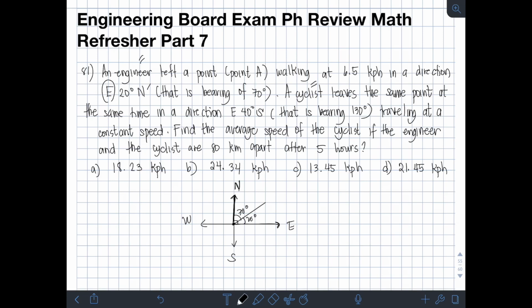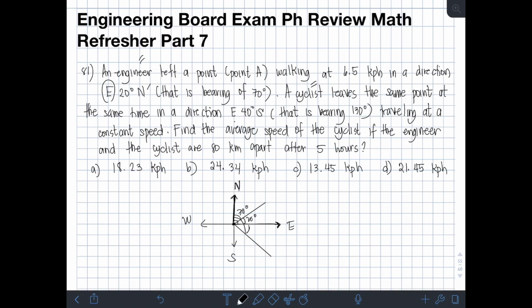Okay? And then, yung cyclist naman daw is yung direction niya is east 40 degrees south or bearing of 130 degree. So kung from north tayo, magbibilang tayo ng 130 degree angle. So let's say approximately nandito. Okay? Or, kung yung gagamitin natin is east 40 degrees south, ibig sabihin, from east, yung initial side ng angle natin, papunta siya south na 40 degree.